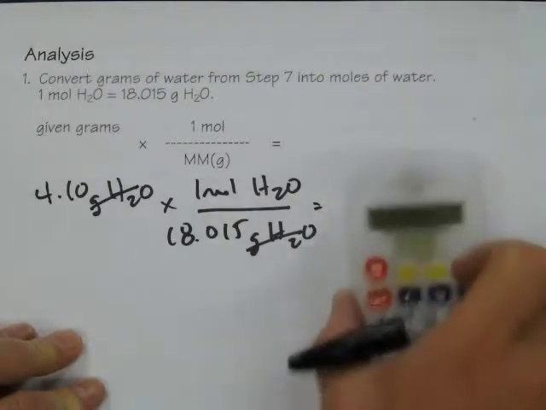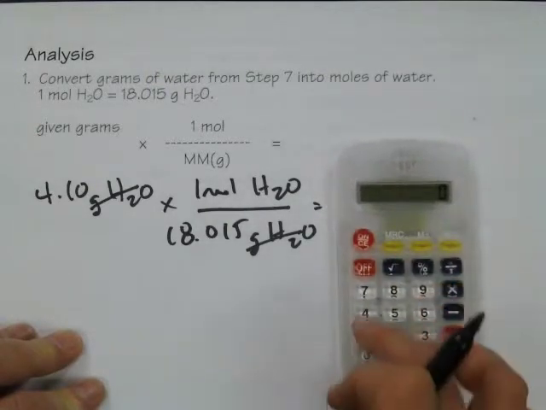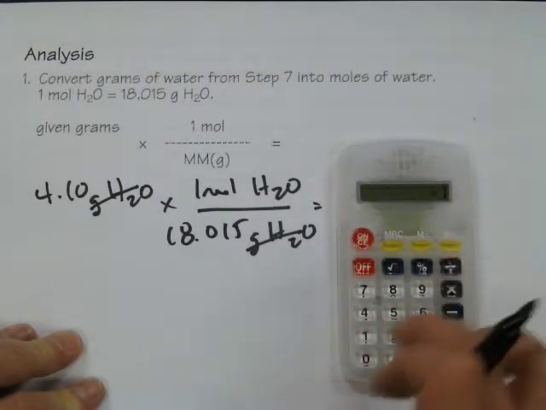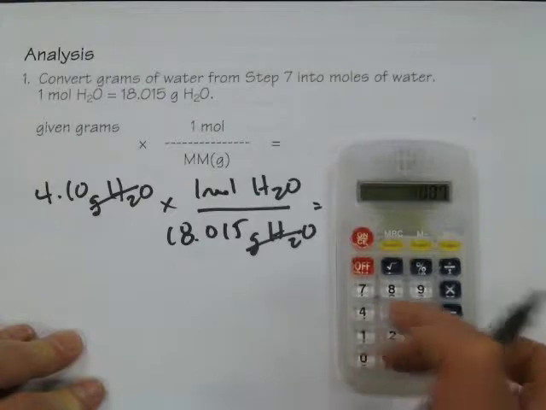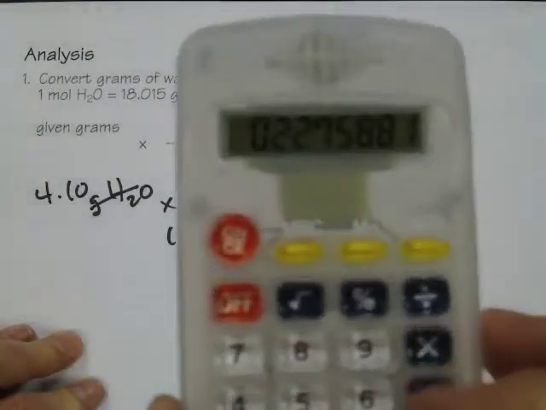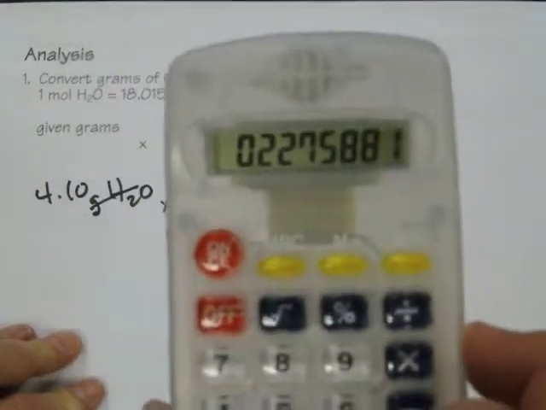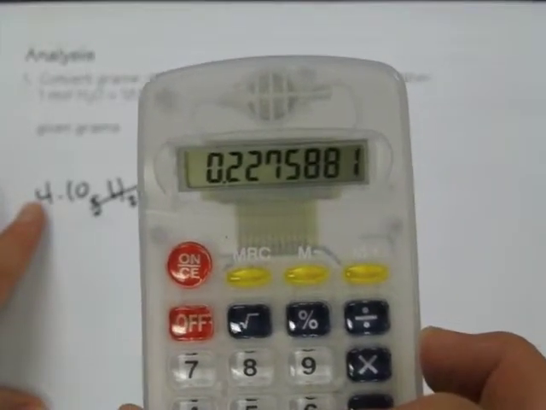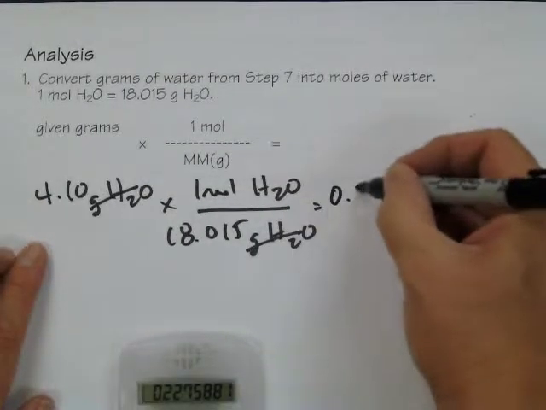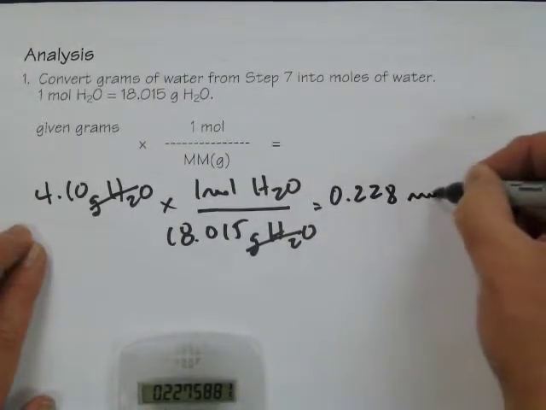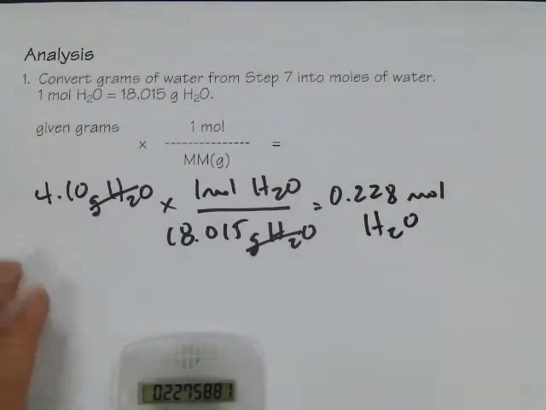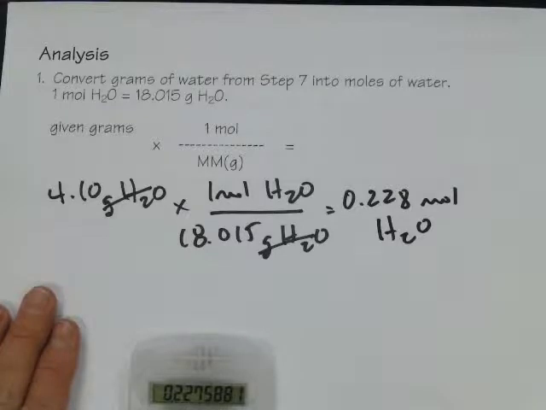And so now when I do the math, if I multiply 4.10 times 1 divided by 18.015, when the calculator gives me the answer, I'll only keep 3 significant figures because that was the fewest significant figures in my measured quantities, 0.228 moles. So 0.228 moles of water. That's how many water molecules I removed from the compound.